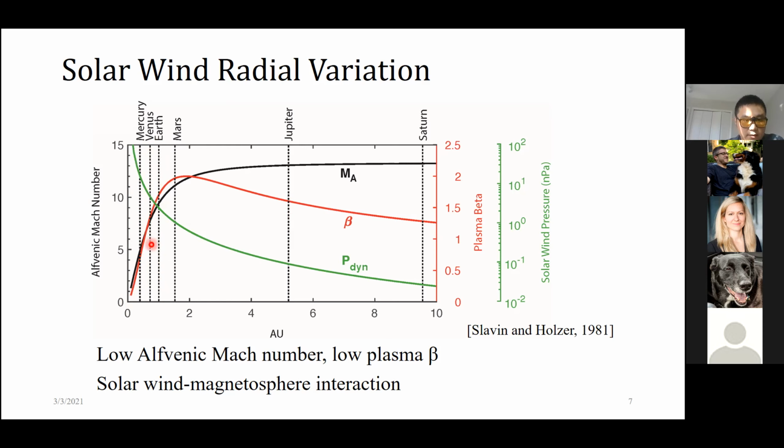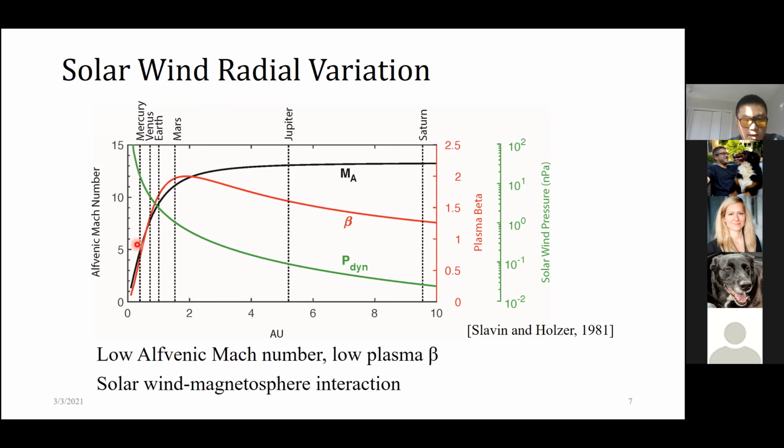Compared to the solar wind properties near Earth's orbit, we can see that near Mercury's orbit, the solar wind dynamic pressure, represented by the green line here, is much higher, around 50% higher than at Earth's orbit.